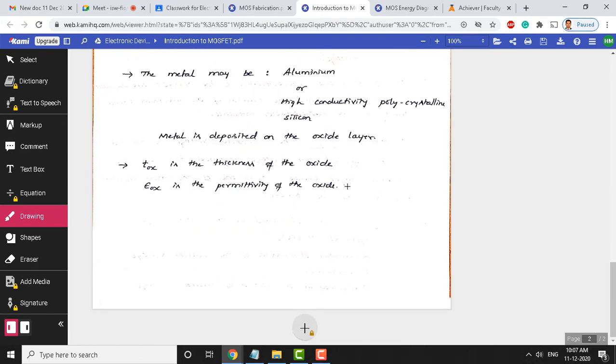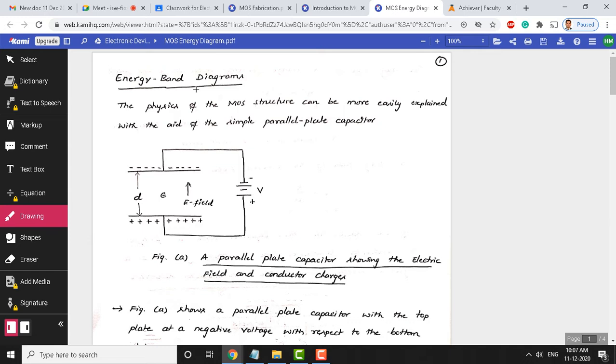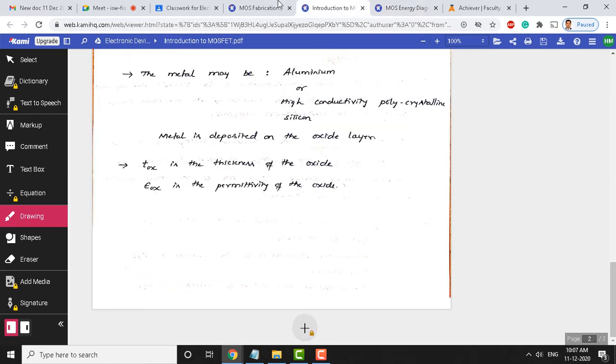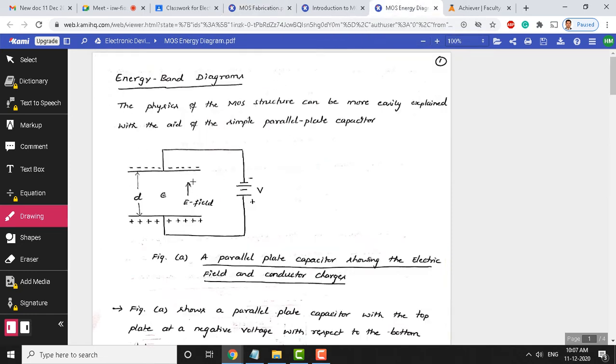With that, let us move on to a few formulas with reference to the energy band diagrams. We have seen this capacitor here. The physical MOS structure can be basically understood by using the parallel plate capacitor. The permittivity is shown as epsilon, and the distance between the plates is shown as d.